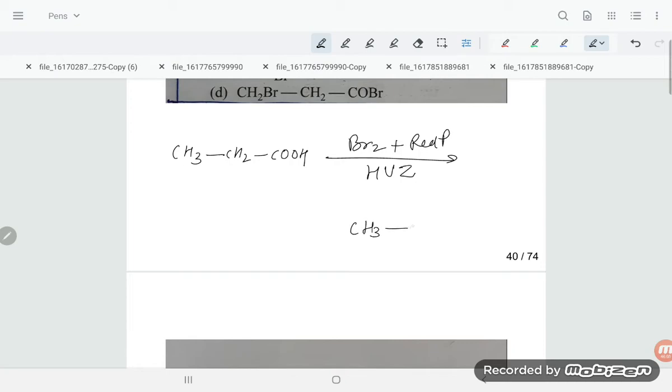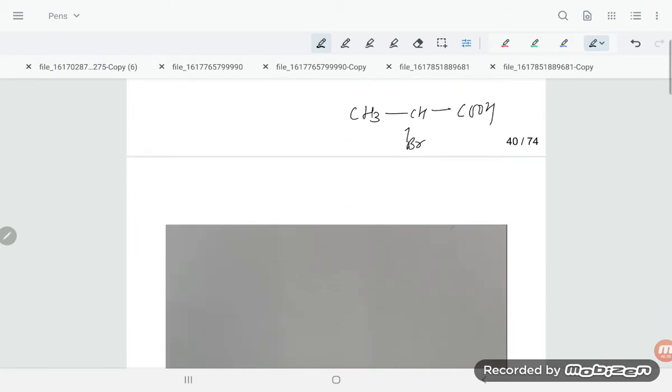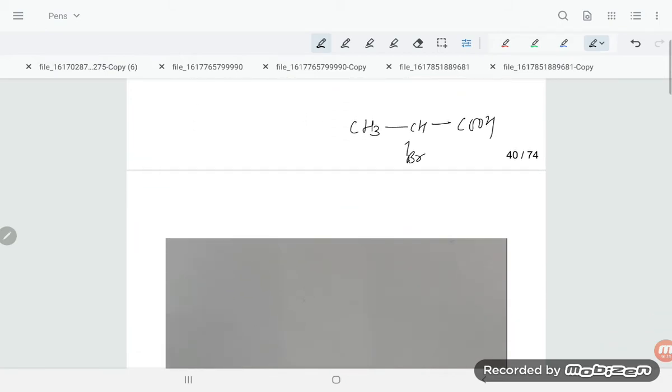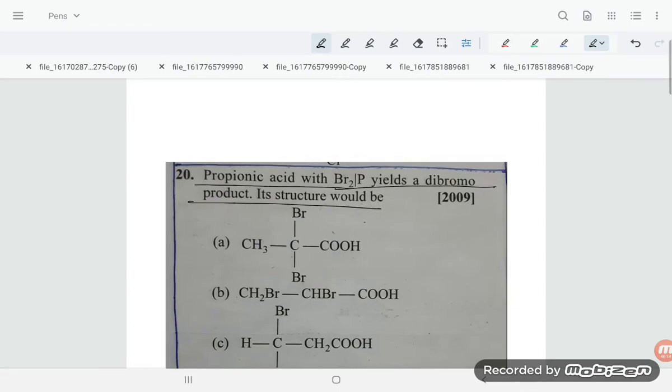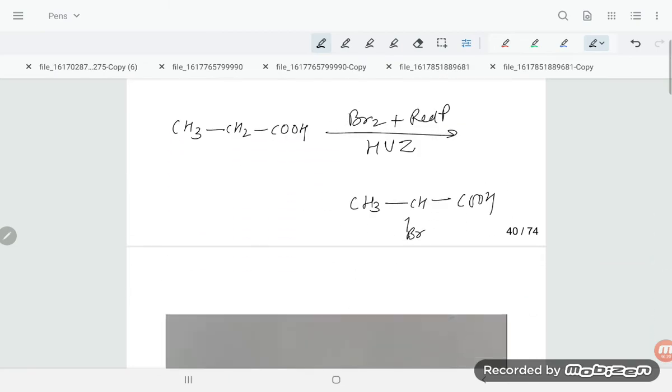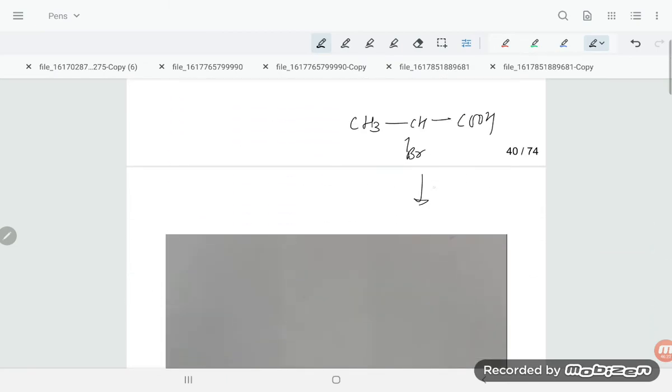It is CH3, CH, here is Br, and there will be COOH. Now, students, what compound did you get? They are saying propanoic acid with Br2 and P gives an alpha dibromo product. So you need to treat it again with Br2 plus red phosphorus, so that you get the dibromo.